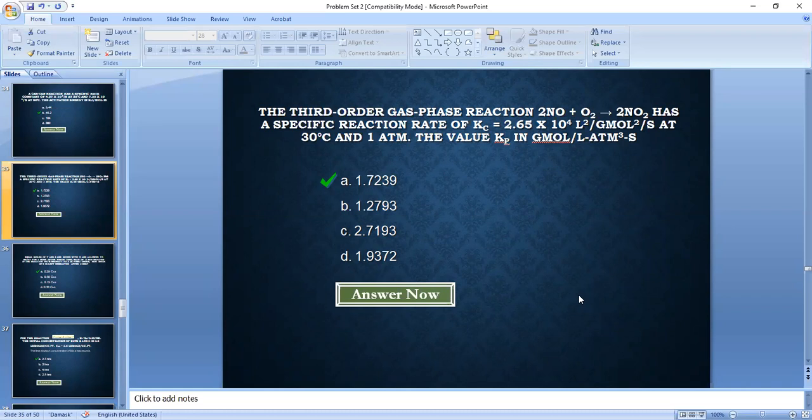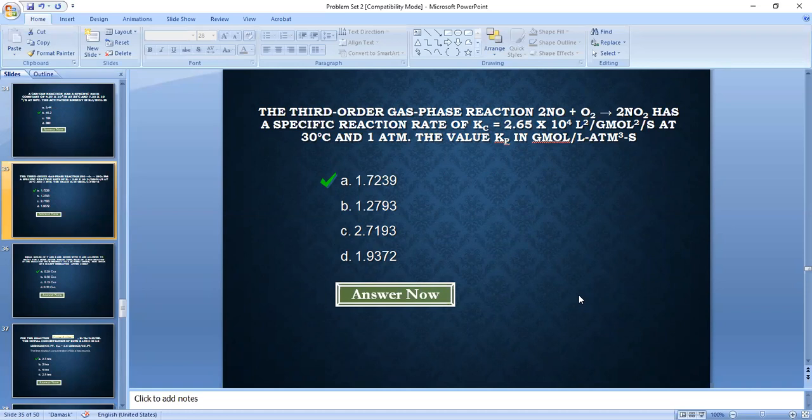Now, how will you determine the answer here? So the answer is 1.7239. How do you get that answer? It's a gas phase reaction. So meaning, class, instead of concentration, you will have partial pressure.